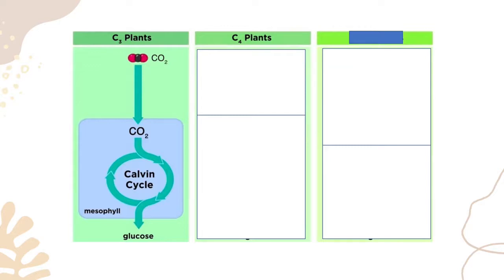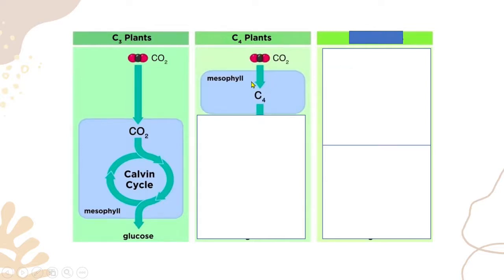Let's look at how the C4 plants adapted to high temperature, and it does this by first fixing the carbon dioxide into a 4-carbon molecule. It's interesting: compared with the C3, where the carbon dioxide is fixed into a 3-carbon molecule, for the C4 plants it is fixed into a C4, or 4-carbon, molecule.